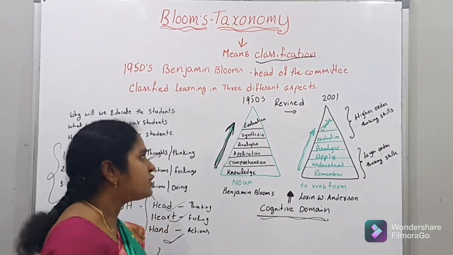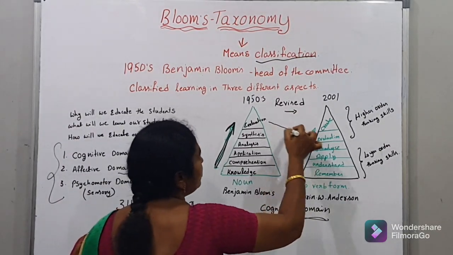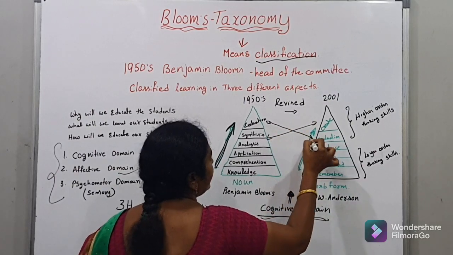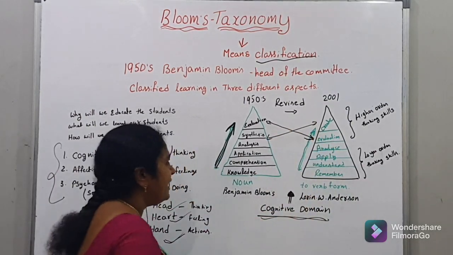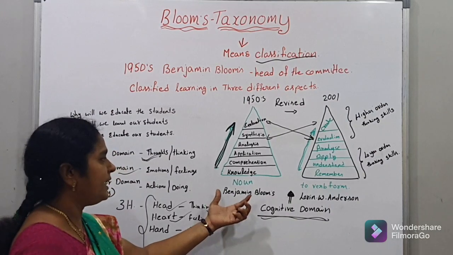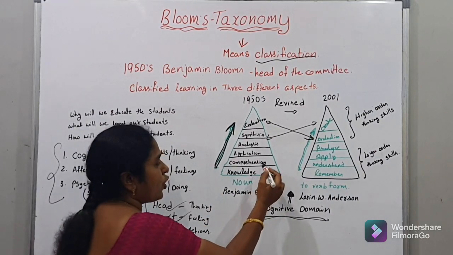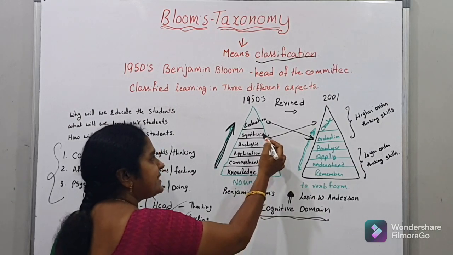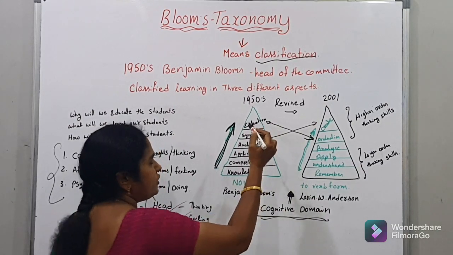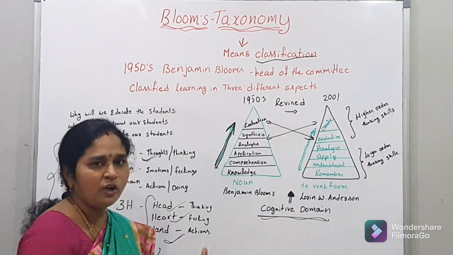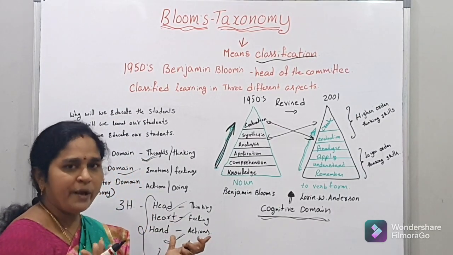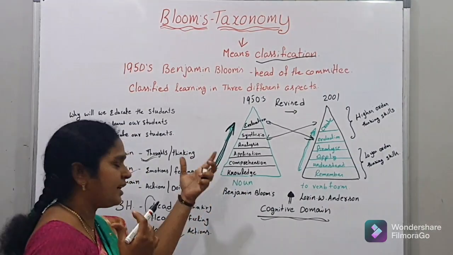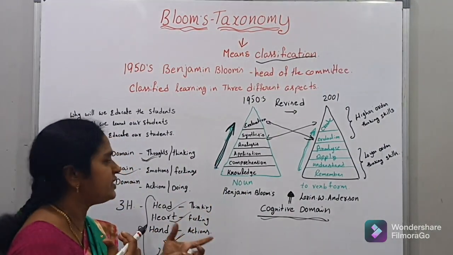In the noun version, the levels are knowledge, comprehension, application, analysis, synthesis and evaluation. We discuss what each of these is, each and every one.